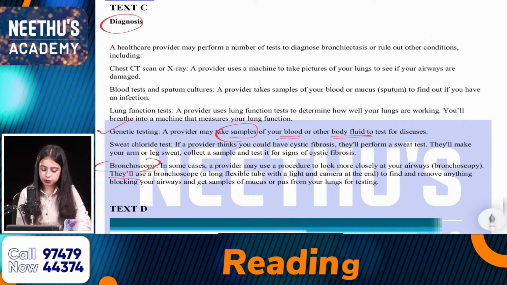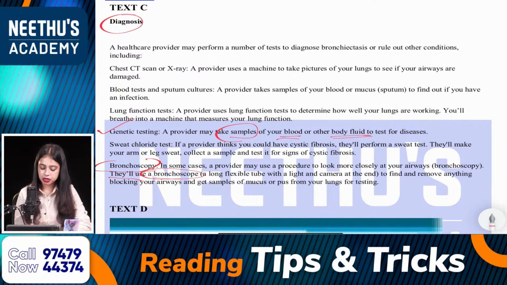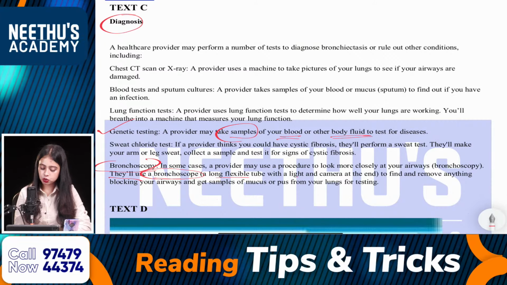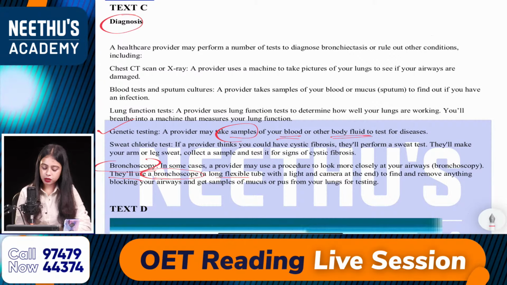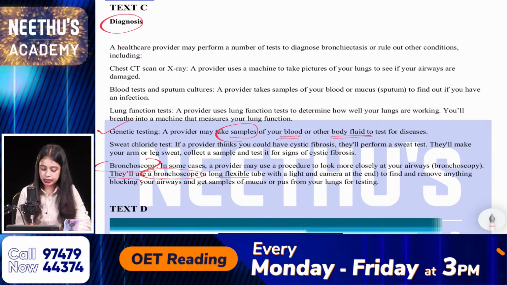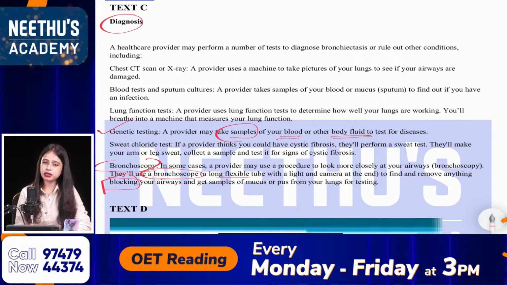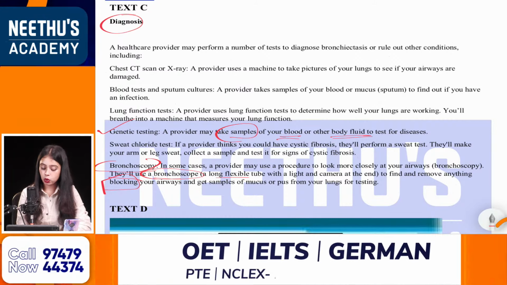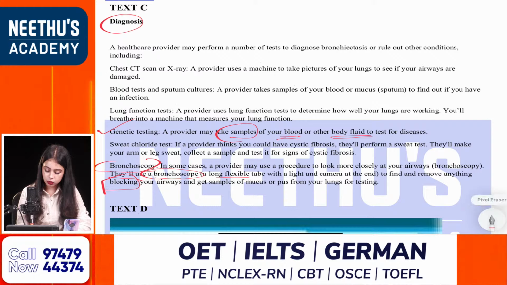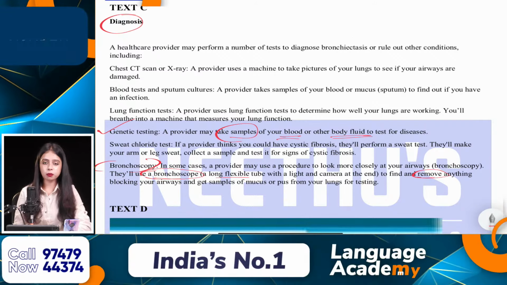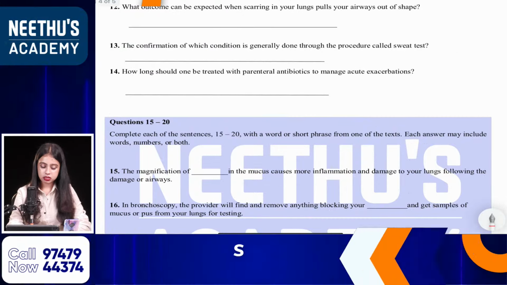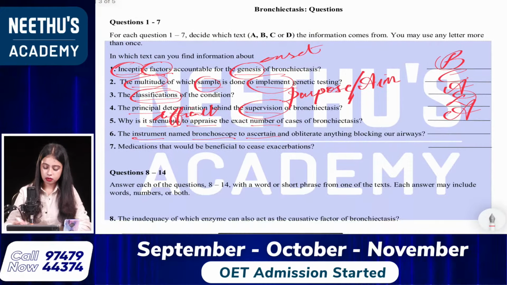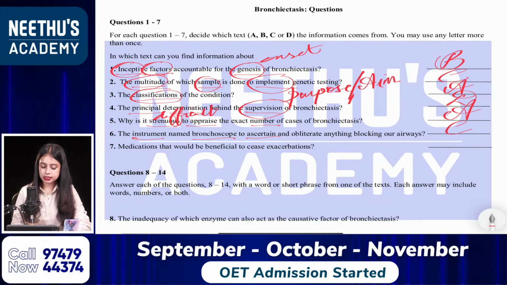So they will use a bronchoscope. That is the instrument they have mentioned. It is a long flexible tube with a light and camera at the end to find and remove anything blocking your airways and get samples. So instead of remove, the synonym mentioned is obliterate. So my answer is from text C.